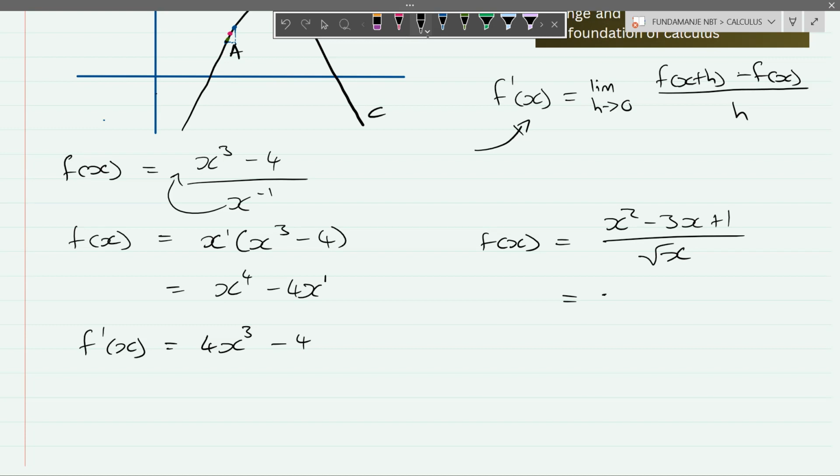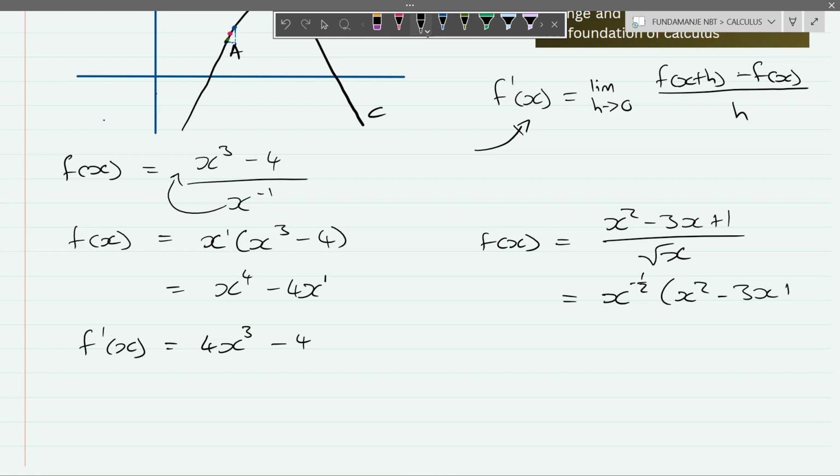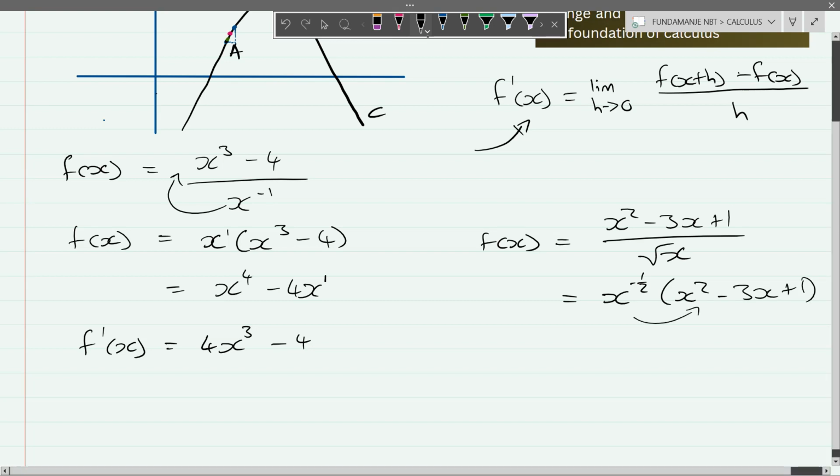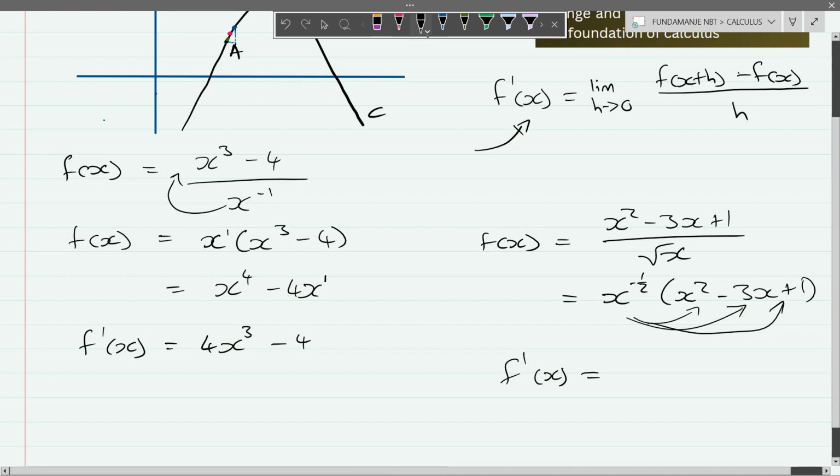So this would become x to the power of minus a half multiplied by x squared minus 3x plus 1. Then you multiply in by that, and then you find the derivative. So it is that simple. You just need to follow these steps and you'll be fine.